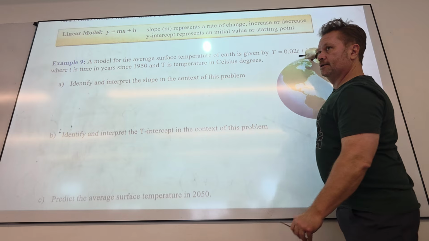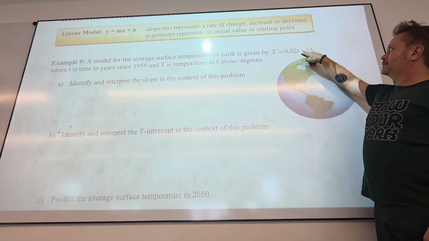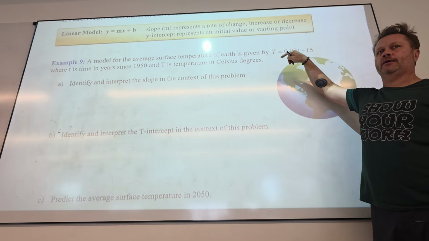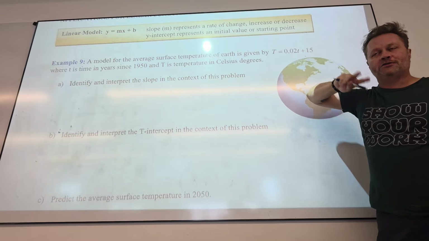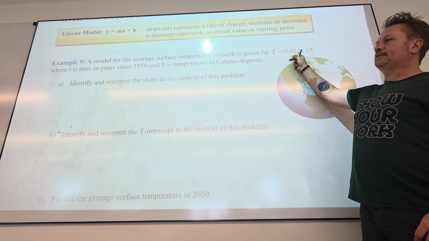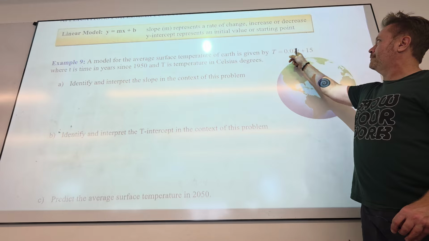Do you see it's in the form M plus B? So which one is acting like Y? T. There's 2 T's, guys, remember? Lower or uppercase? Uppercase T is acting like Y. Lowercase t is acting like X. Is everybody with me? Because then it would be Y equals MX plus B.